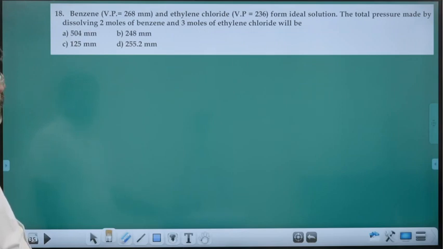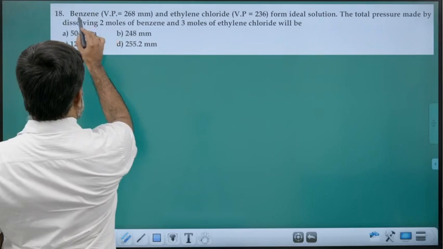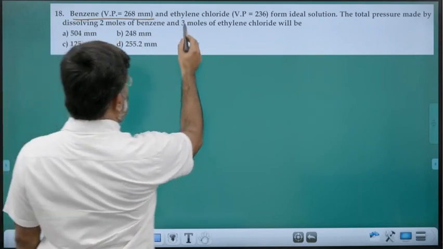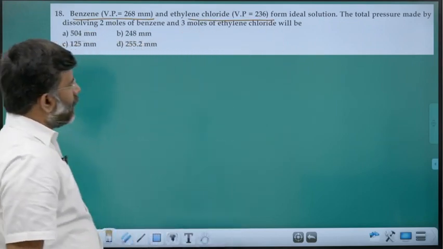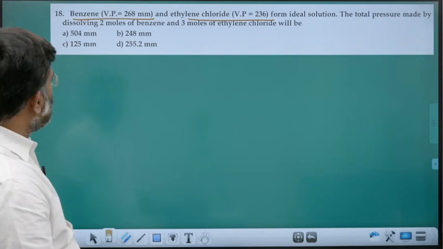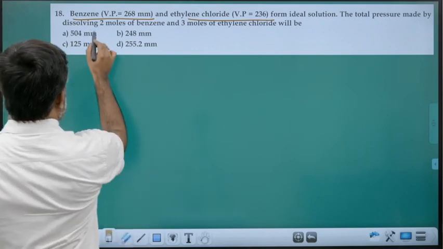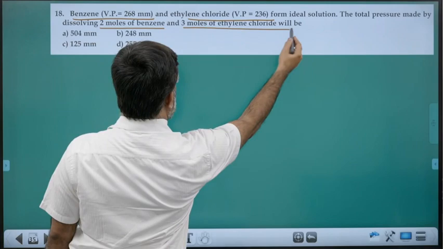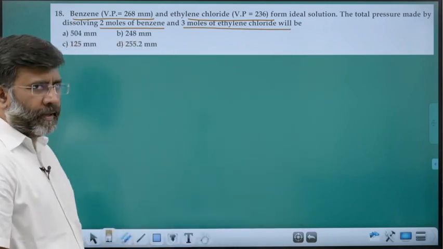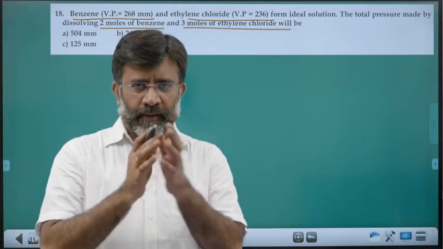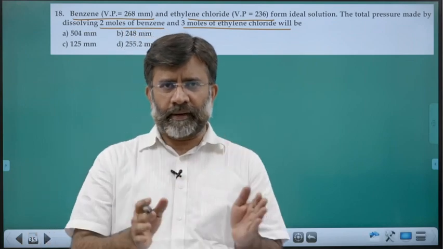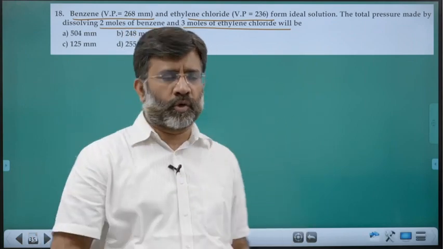Benzene and ethylene chloride form ideal solution. So vapor pressure of benzene given, vapor pressure of ethylene chloride given, they form ideal solution. Total pressure made by dissolving 2 mole benzene, 3 mole ethylene chloride will be. Another question applying direct possibility of Raoult's law.